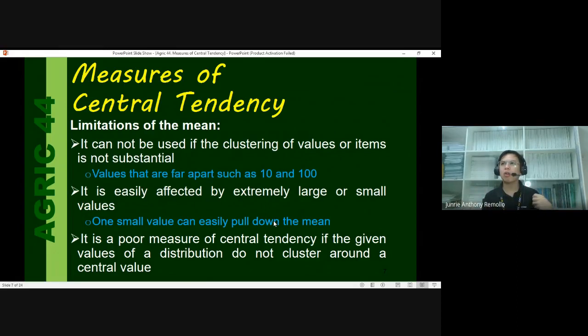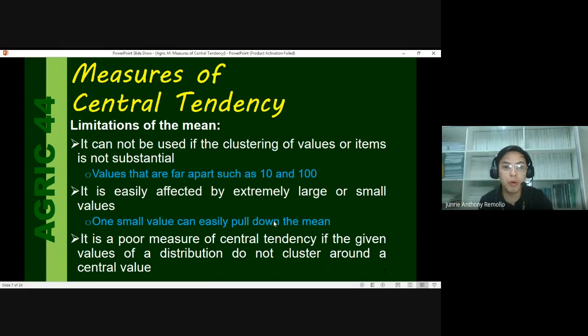So we can no longer obtain valid data when we get the mean, because the values are very far from the center. And it is easily affected by extremely large or small values. I mentioned earlier that one small value can easily pull down the mean.